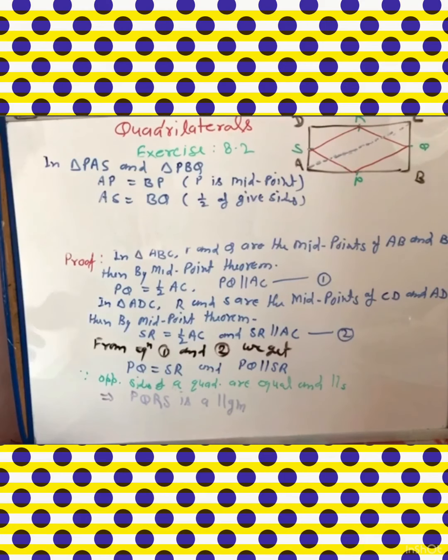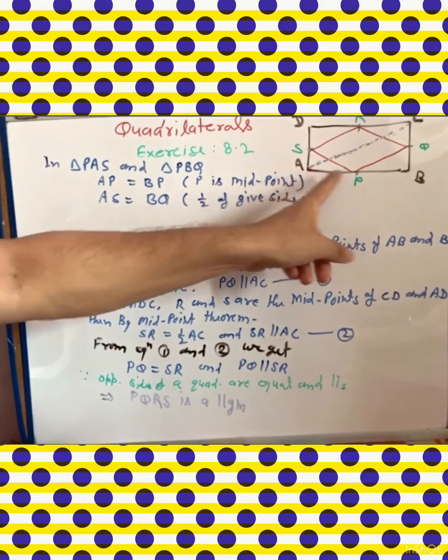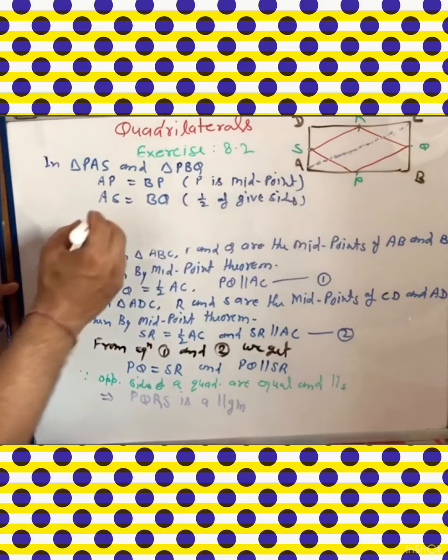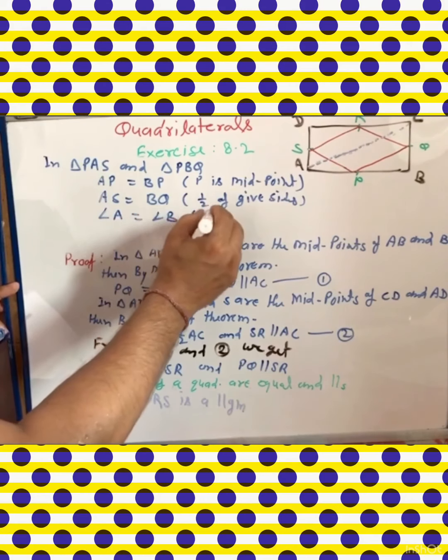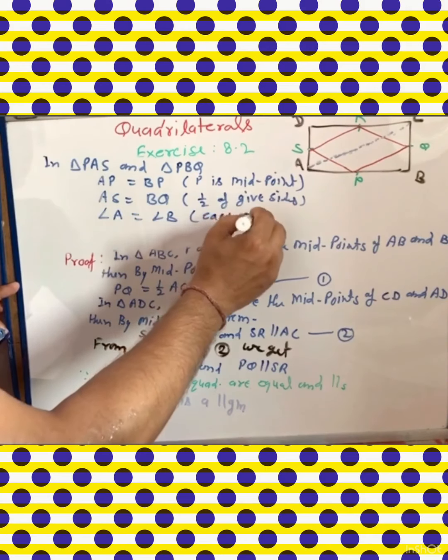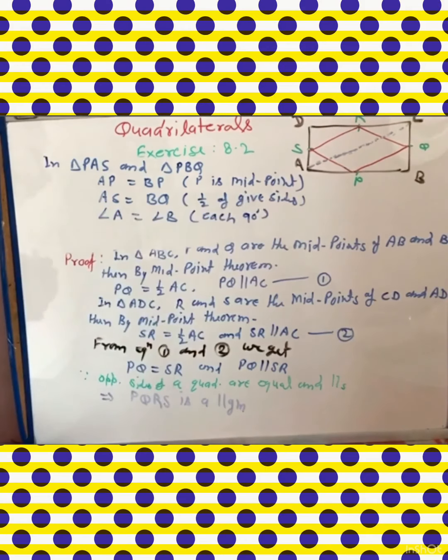Now for next, you can say this is angle A equal to angle B, each 90 degree. Why? Because this is a rectangle, already given in the question, because ABCD is a rectangle.